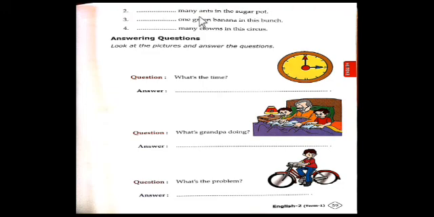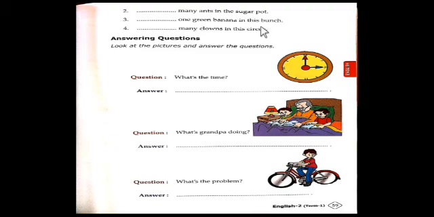Second one. Dash many ants in the sugar pot. So what comes here? There is or there are? So many ants, it is in the plural form. So there are is the correct word. There are many ants in the sugar pot. Third one, dash one green banana in this bunch.